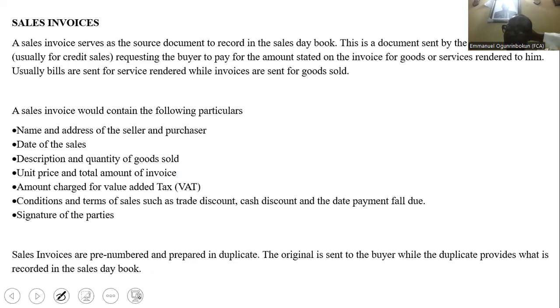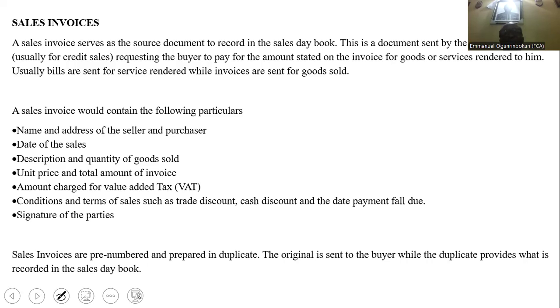Now, the first one, like I explained earlier, is the invoice. An invoice is a source document that shows the documentary evidence of transactions in terms of their unit, quantity, and sizes. When we look at the first aspect of it, we talk about the sales invoice. It serves as a source document to record sales into our sales daybook, which we are going to elaborate on later.